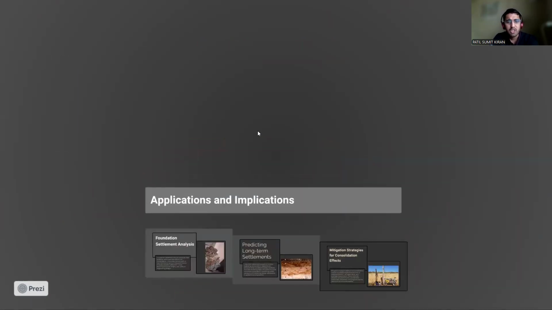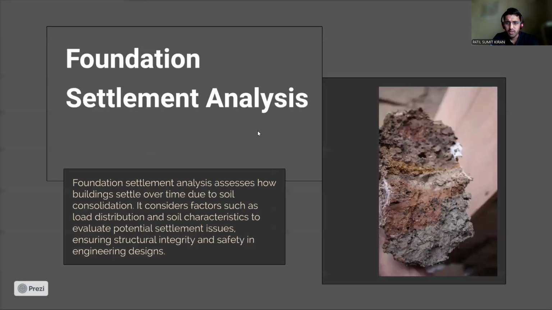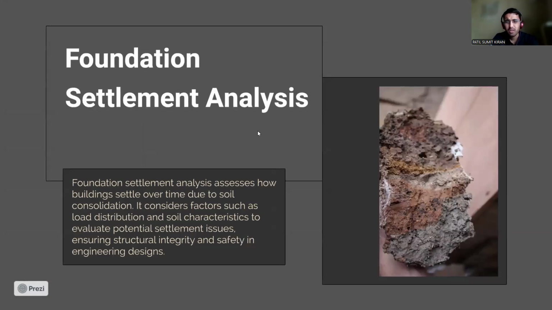So these are the applications and implications of the consolidation process, or the consolidation theory, that we are going to discuss. What are the applications of consolidation? First is foundation settlement analysis. As we have considered before, whenever we construct a building or the base of a building, we have to consider the consolidation phenomena and consolidation factor beforehand.